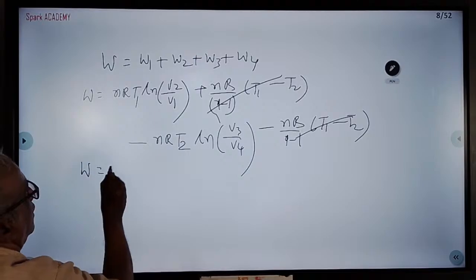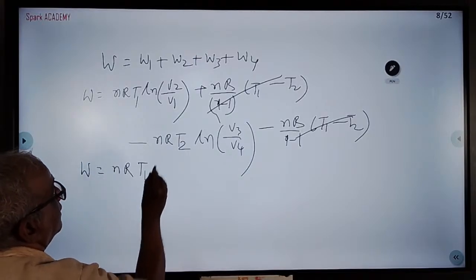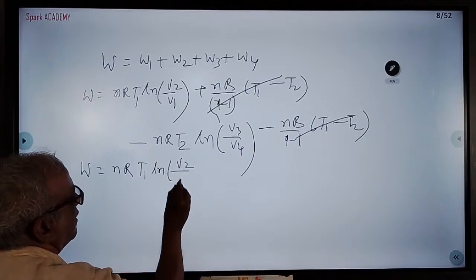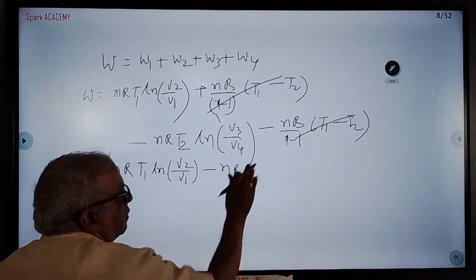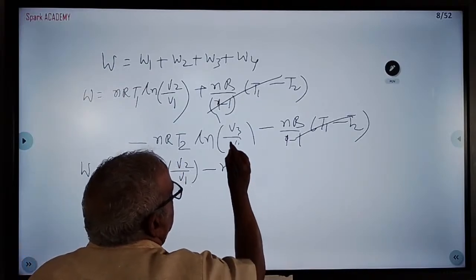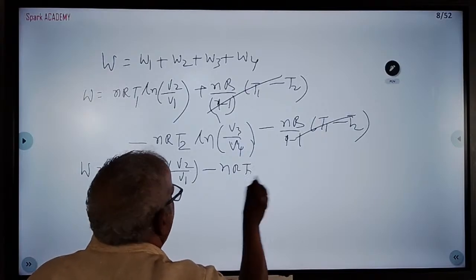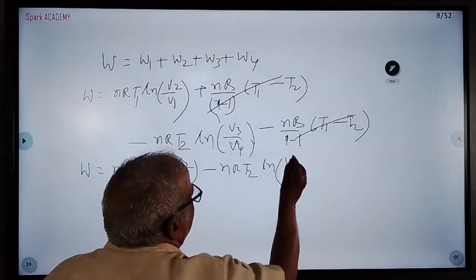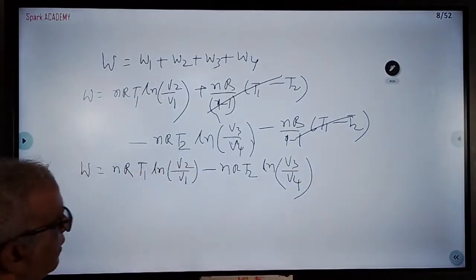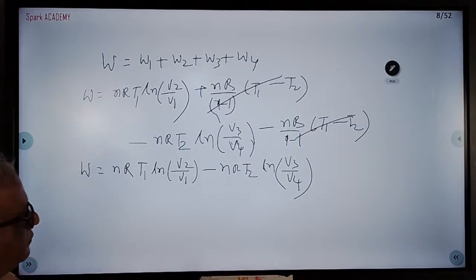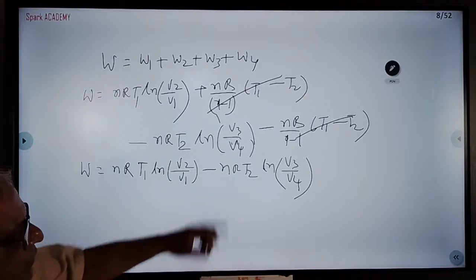So total work done you are going to get nRT1 ln V2 by V1 minus nRT2 ln V3 by V4. This is the expression for work done you are getting.